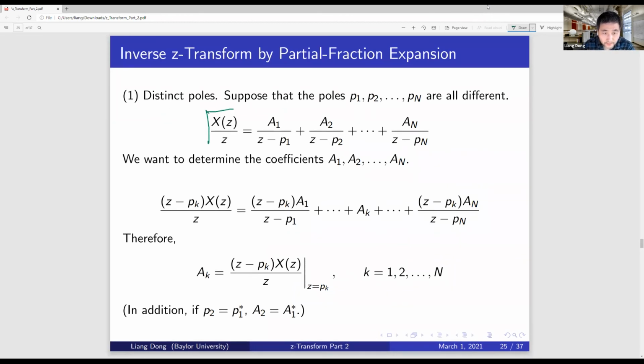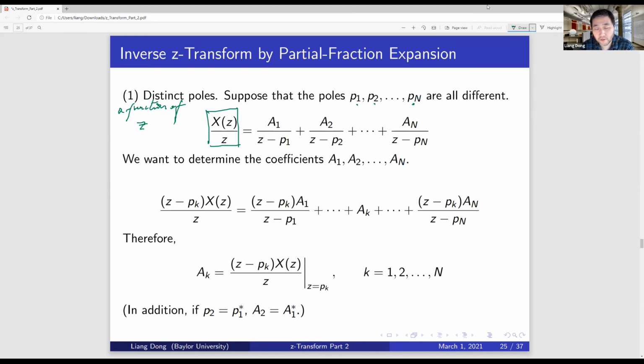So this is a proper rational function as a function of z. Now we are looking at a function of z in order for me to discuss the polynomials. Easy. Suppose I have distinct poles. The poles are P1, P2 to P_n. They are all different, distinct poles. How many poles do I have?